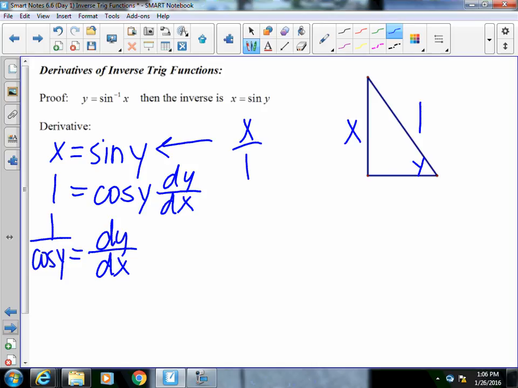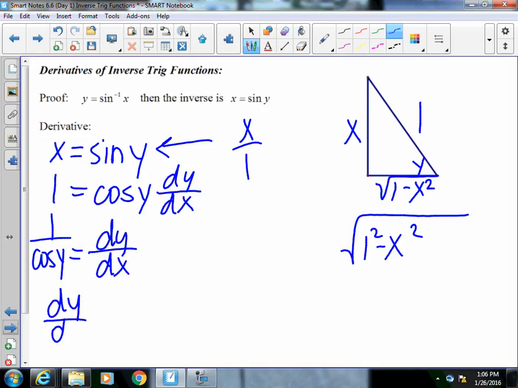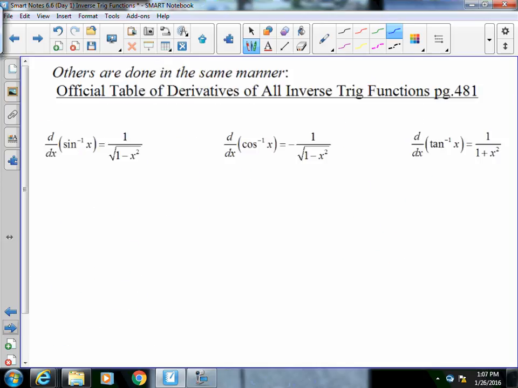I also know that this missing side is going to equal the square root of 1 squared minus x squared, so this is going to be radical 1 minus x squared. So cosine of y is radical 1 minus x squared. So our derivative, dy dx, is equal to 1 over cosine of y, which from our picture is 1 over radical 1 minus x squared. What that does is help to prove that the derivative of inverse sine is 1 over radical 1 minus x squared.